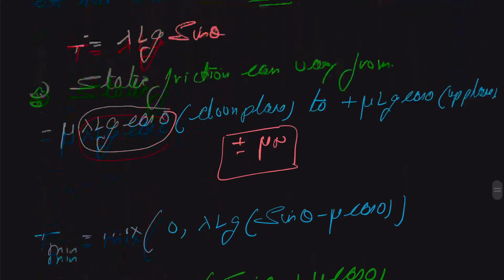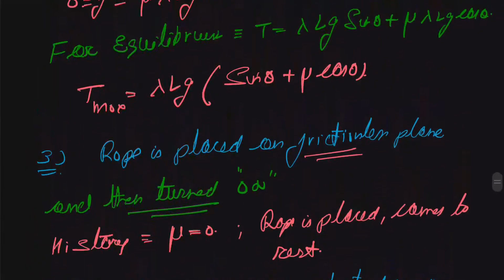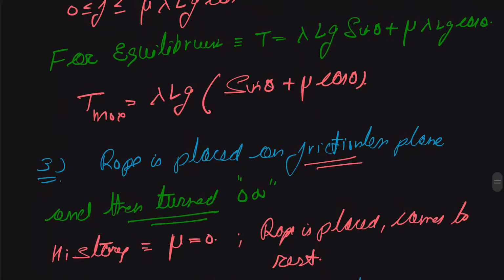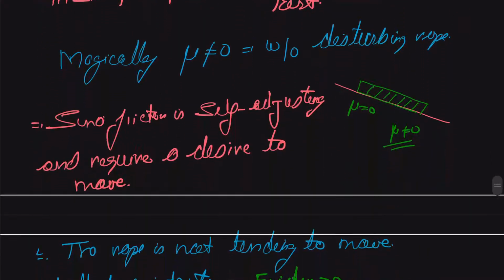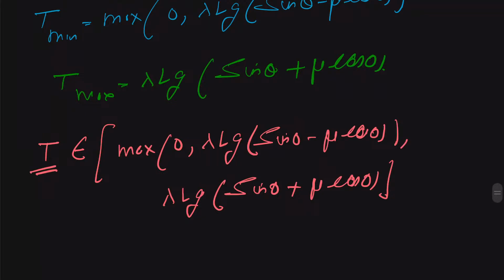So we discussed 3 cases, and in all these 3 cases the rope is placed differently, and the placement of the rope is going to define our tension. More or less this particular aspect should be mentioned in the question, but where the question was given, this was not mentioned.